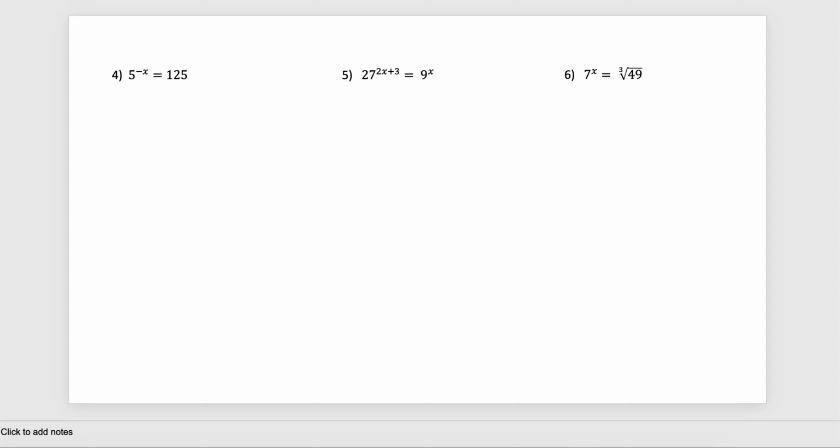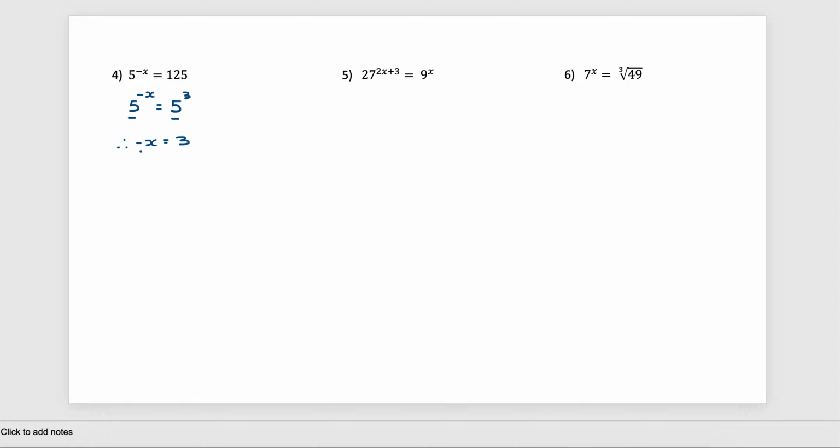More examples here. Number 4, we've got 5 to the power of negative x equals 125. I can't simplify 5 any further, so I'm going to leave it as 5 to the power of negative x. 125 can be written as 5 to the power of 3. Now that the two bases are the same, I can say that negative x is equal to 3. The powers are the same.